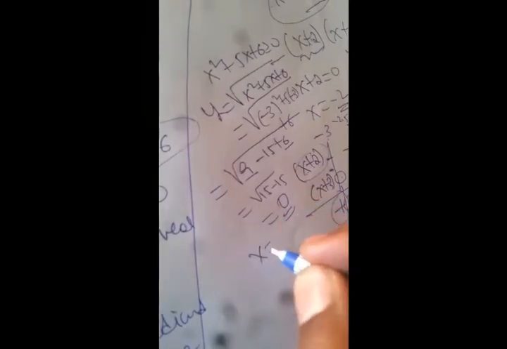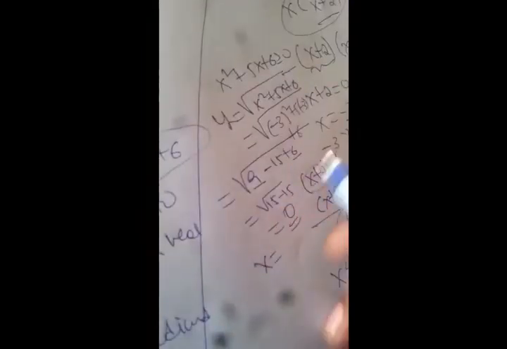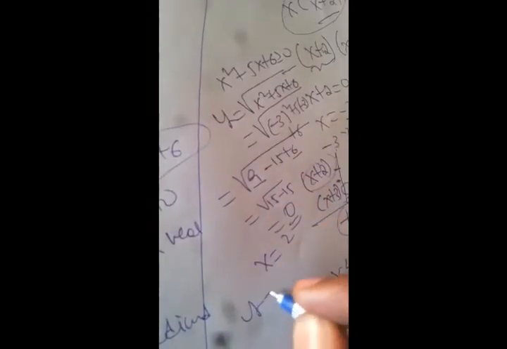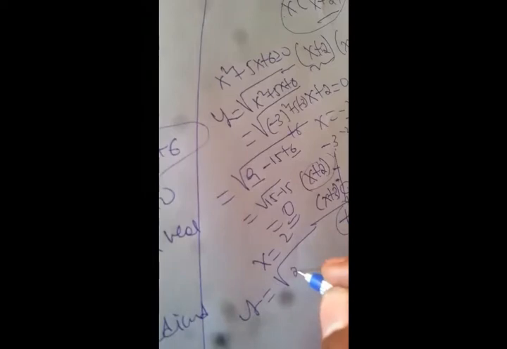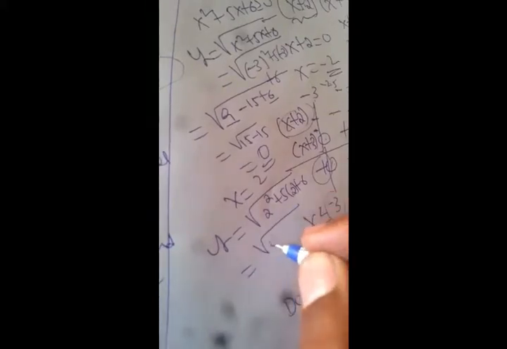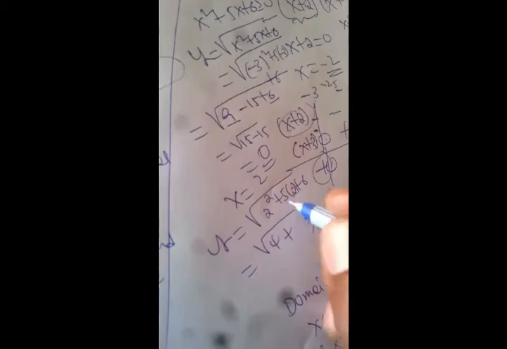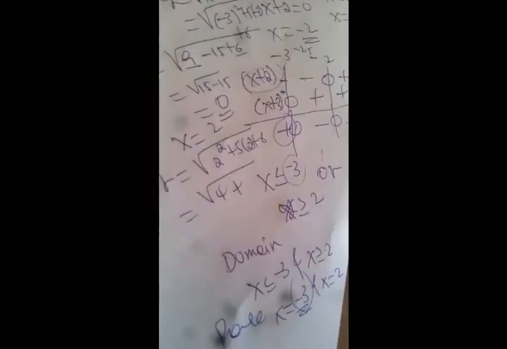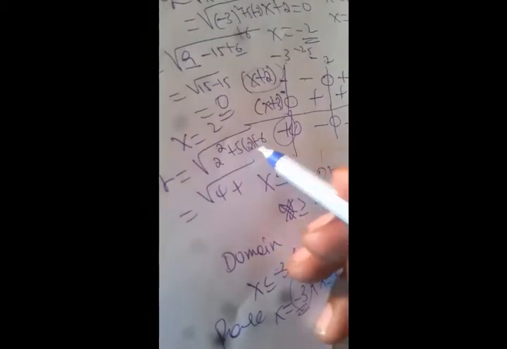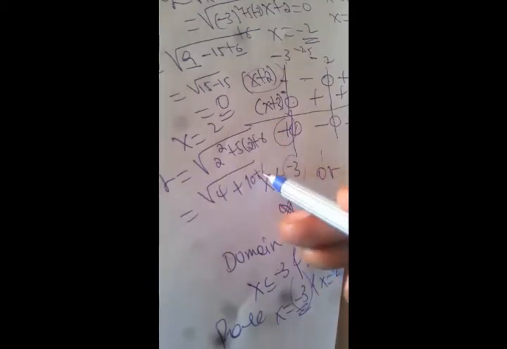When the value of x is greater than or equal to 2, let's take 2. When x equals 2, y equals the square root of 2 squared plus 5 times 2 plus 6. Therefore, 2 squared is 4, plus 5 times 2, which is 10, plus 6.